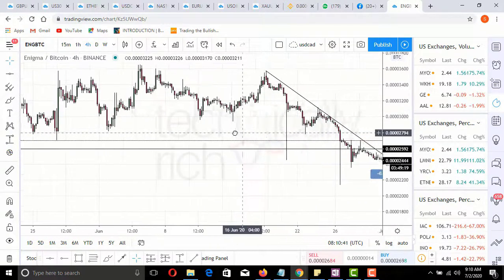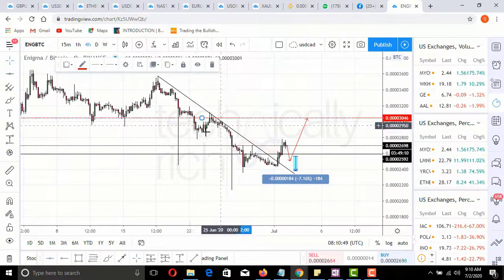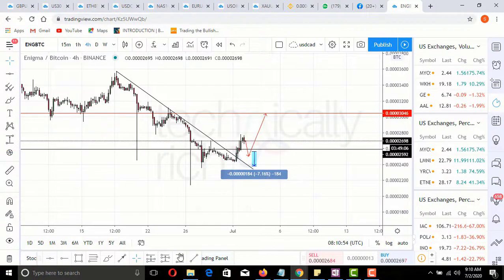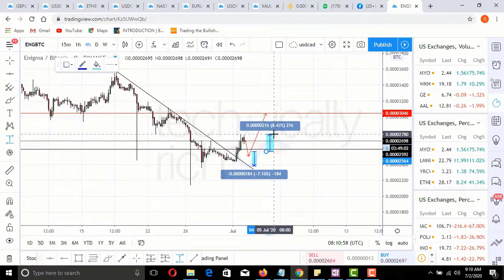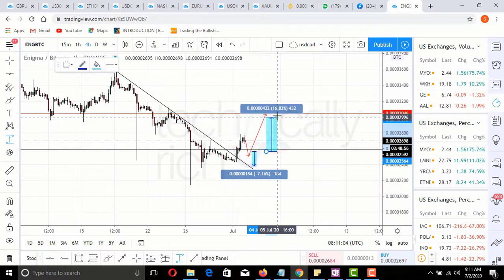So I'm going to put another horizontal line down there. All right, so I'm going to be selling at that area. So if I'm buying right here, sell price 1 here for 10%, then sell price 2 finally right here.